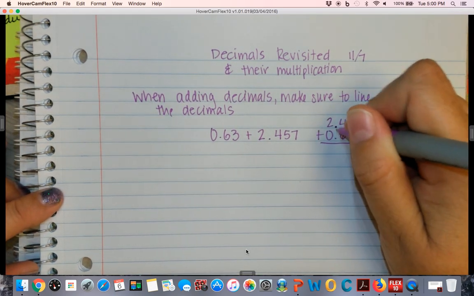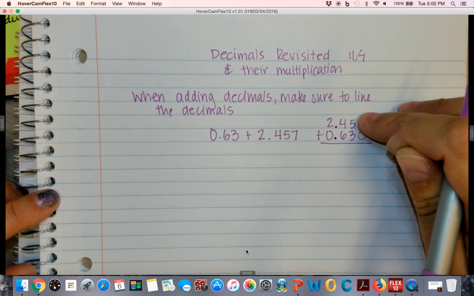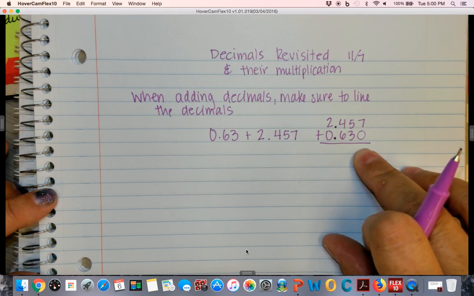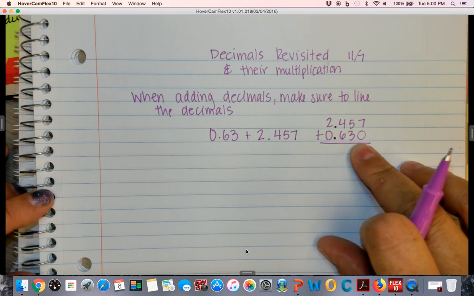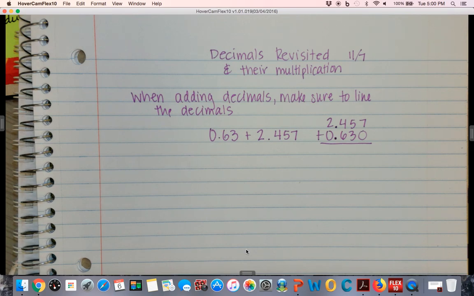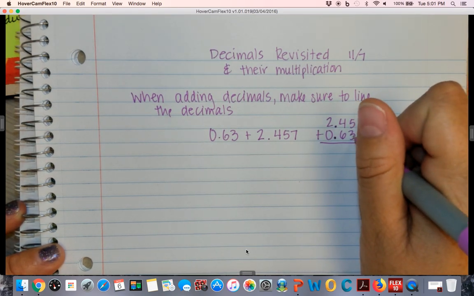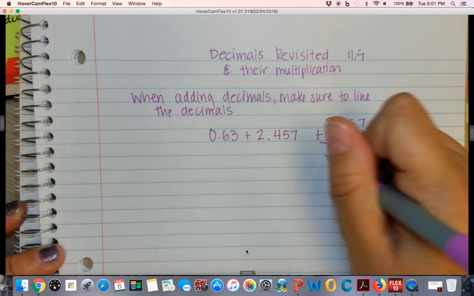But the decimals have to be lined up. So if there's a missing piece, you have to add in that decimal. This doesn't change the number. Remember, 63 hundredths is the same as 630 thousandths. Same thing. And then you just continue by adding to get your sum.